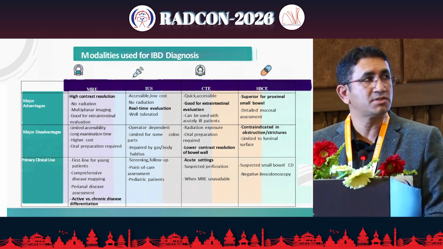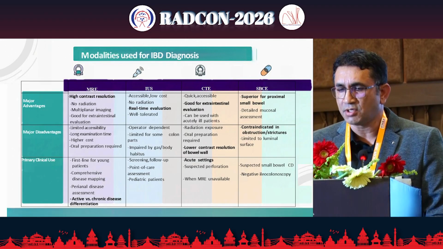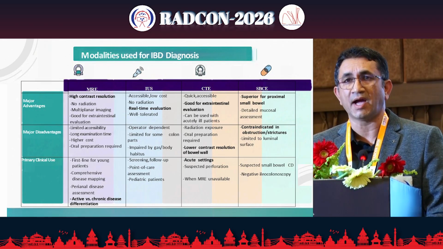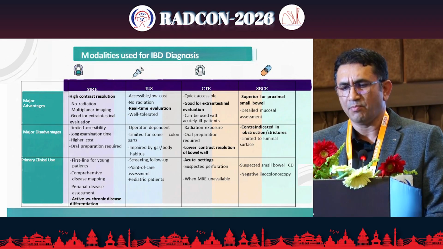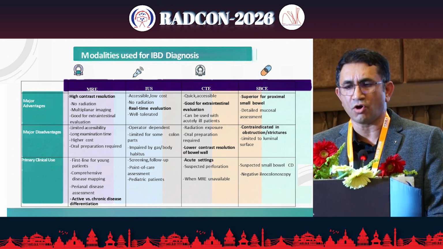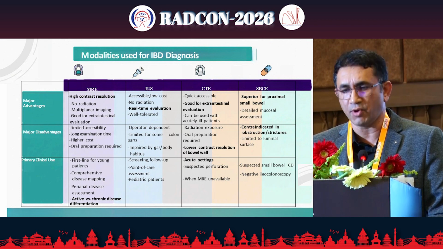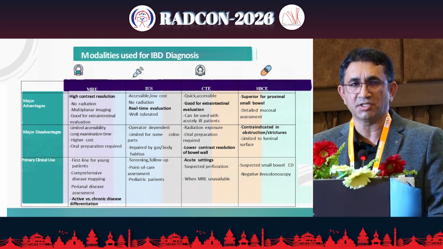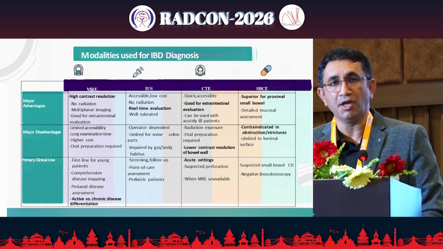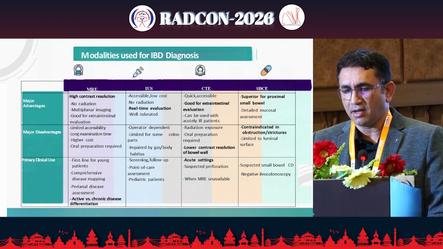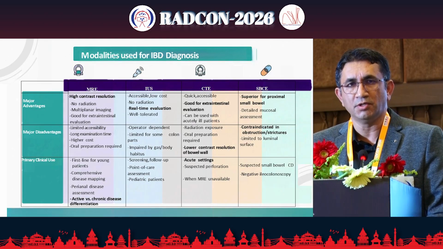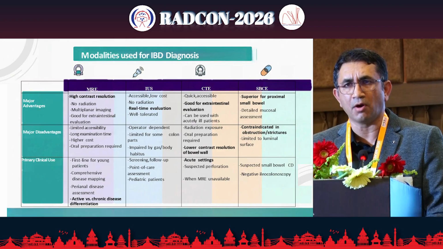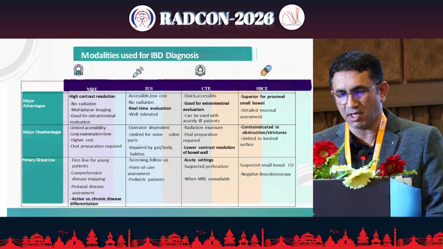There are various imaging modalities being used. MRE has quite good contrast resolution, but the major disadvantage is the cost and that it is not available everywhere. It is always first line in young patients, and it gives a good study of complications and the perianal region.